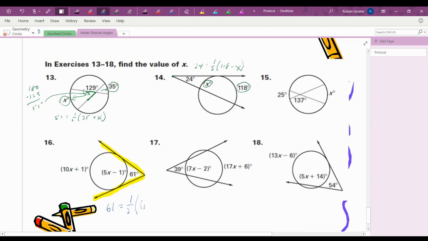So its big arc is 10x plus 1 minus its little arc, which is 5x minus 1. So we have to be careful with our order of operations. Make sure that we distribute that negative sign.